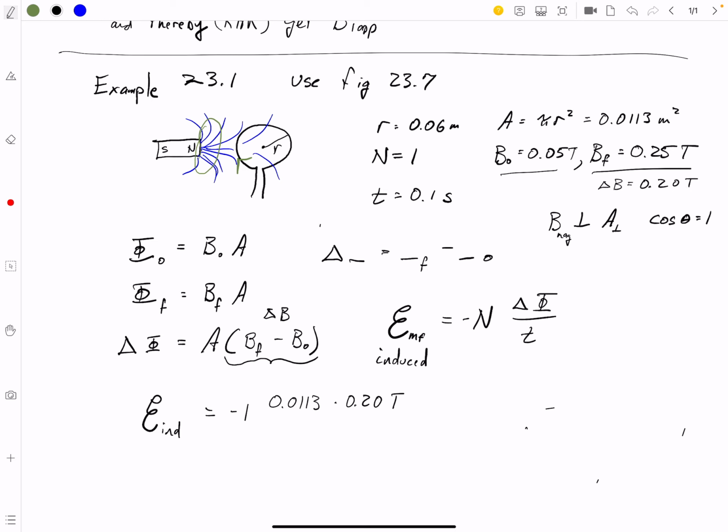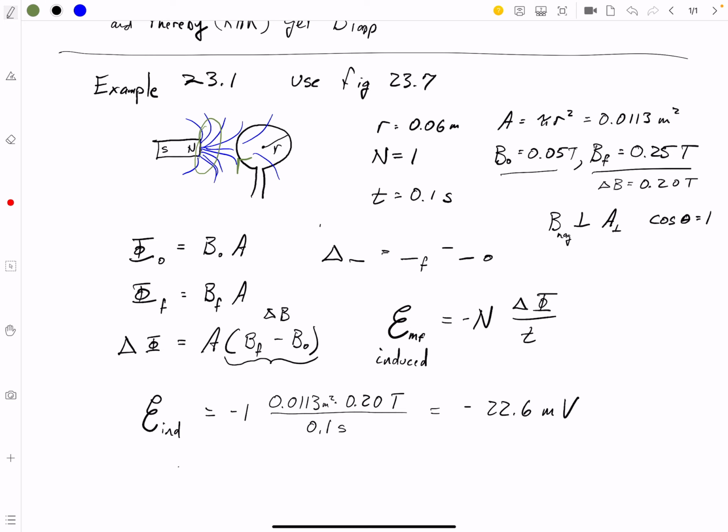So we've got our delta B, and then we're going to divide by our 0.1 seconds. And this is meters squared, but it doesn't matter because all of that equals voltage, which is an EMF. That's our voltage, and that gives us a negative 22.6 millivolts, okay?